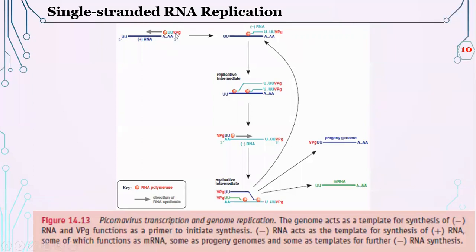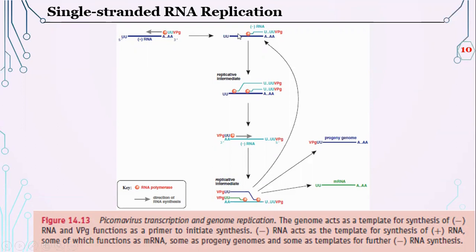The VPG is bound at the 3' end, and the RNA dependent RNA polymerase is also bound there. It will make one uracil, then another uracil, and it will scan the whole RNA, going from 5' to 3' direction using the template from the 3' to 5'.